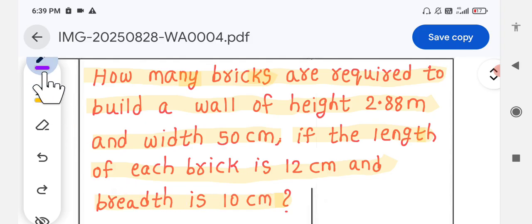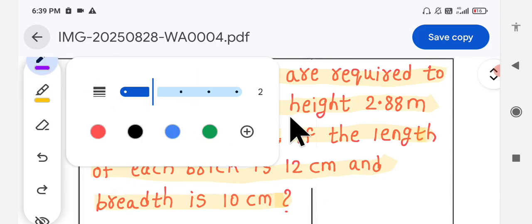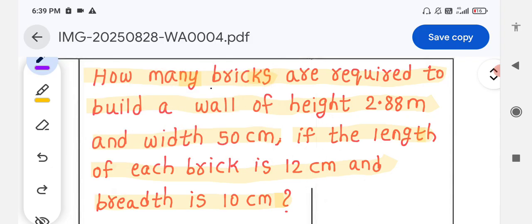If you observe carefully, there is a wall and we need to build this wall. They give the height of the wall and also the width of the wall.